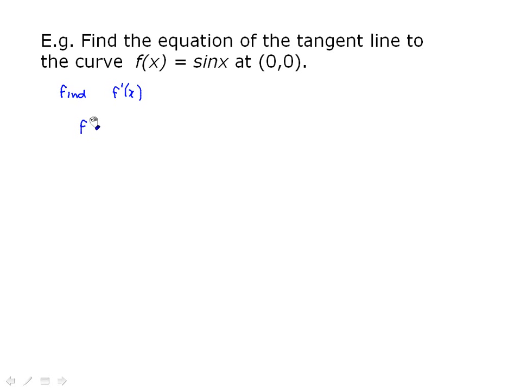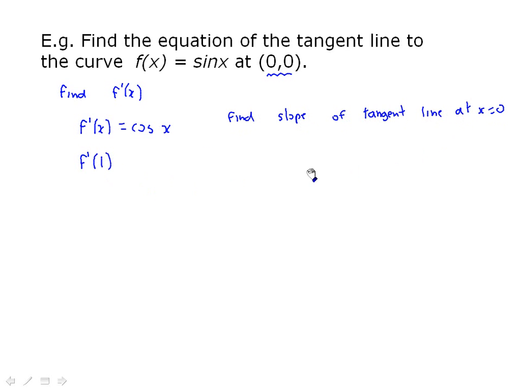So if f at x is equal to sine x, f prime at x is equal to cos x. And it's at this point (0, 0). So there's your x value. So really what you want to do is find f prime at 1, because we want to find the slope of the tangent line at x is equal to 0.